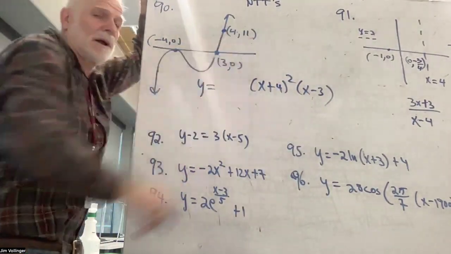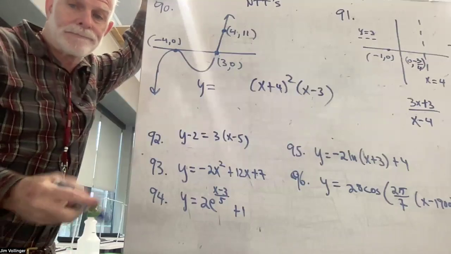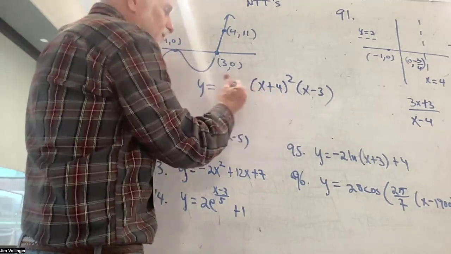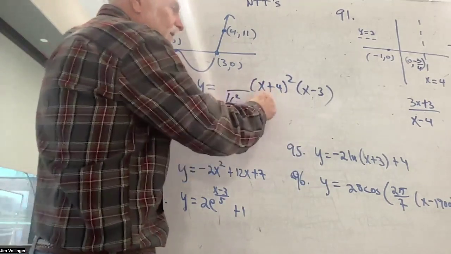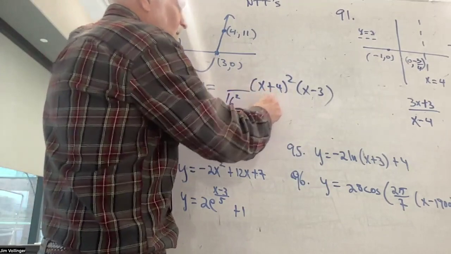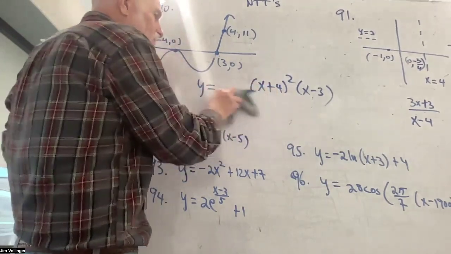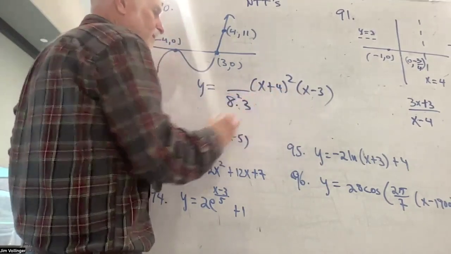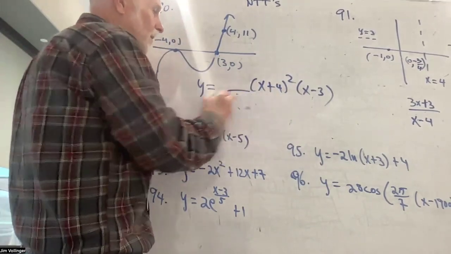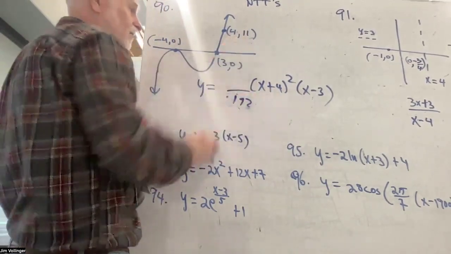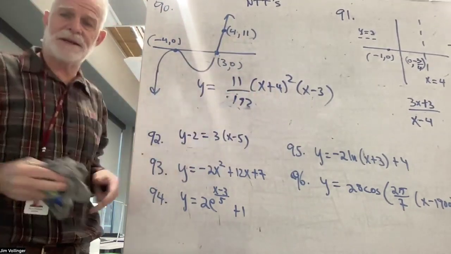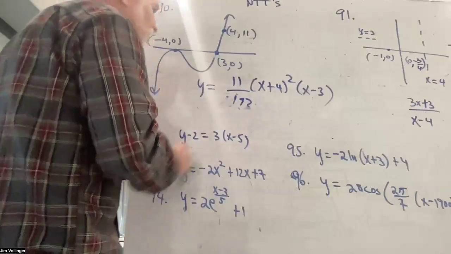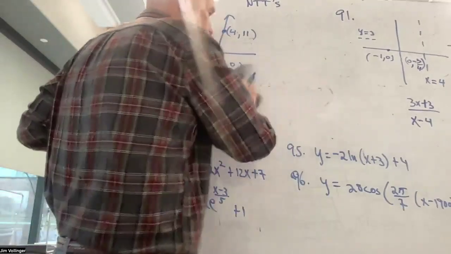How are you going to get 4 to become an 11? 4 plus 4 is 8, sorry, 8 squared, right? And 64 times 3 is 192. And I want 11. It's really the same thing we've been doing with every other function. Imagine that. I don't think you'll see that in the textbook. Wish you did.